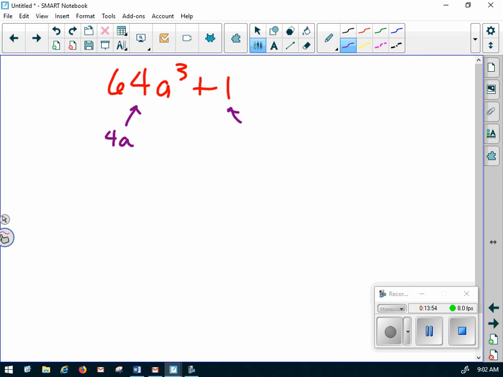What's the cube root of 1? 1. So, in the formula, everywhere I saw an A, I'm going to put this. And everywhere I saw a B, I'm going to put this. And I'm going to use what for my signs? SOAP. Yeah, SOAP.